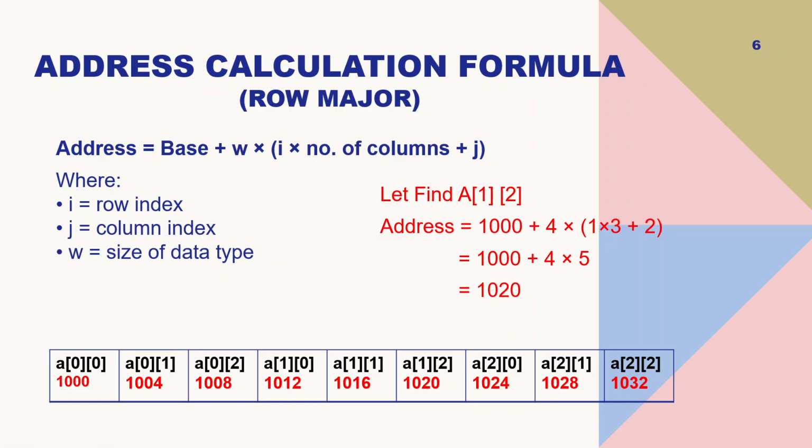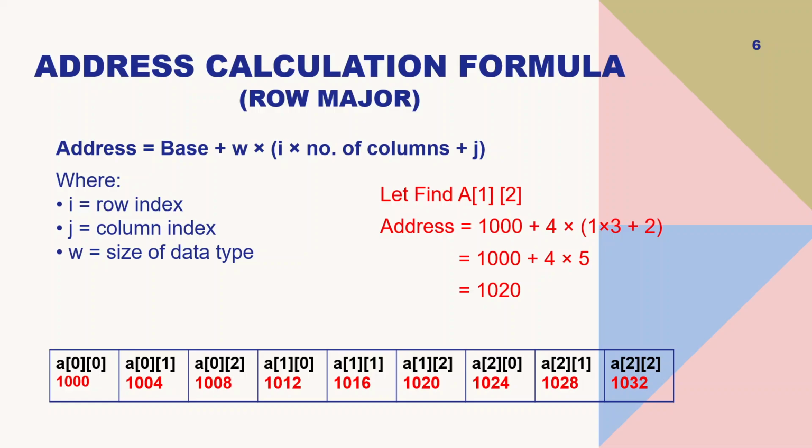You can also verify this with the memory diagram below. If we move row by row, then we get the address of A[1][2] as 1020. So our formula is correct.